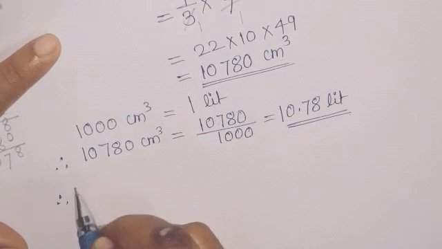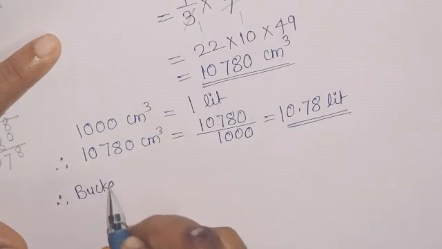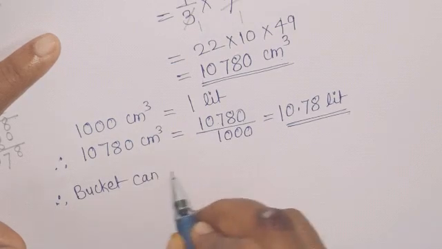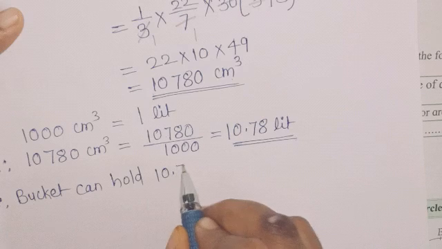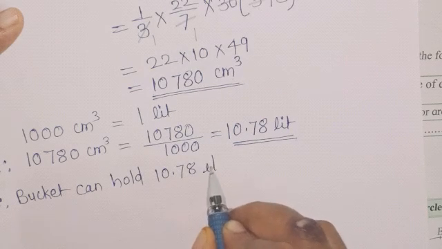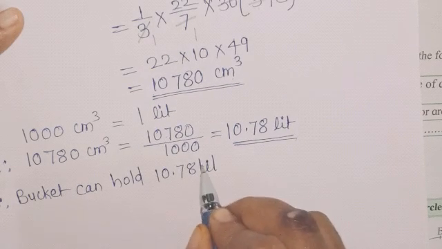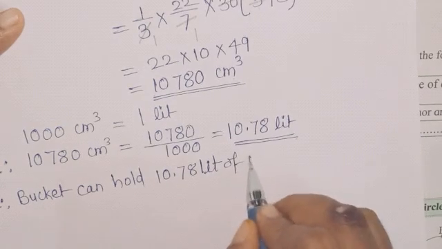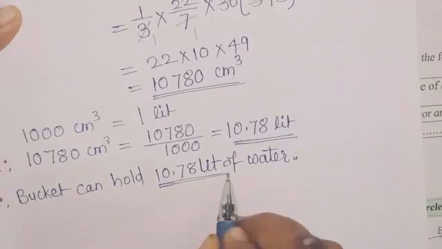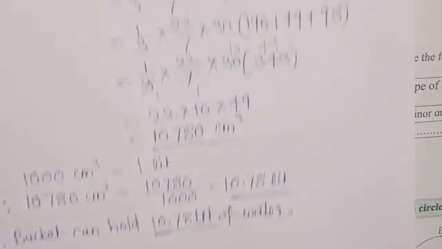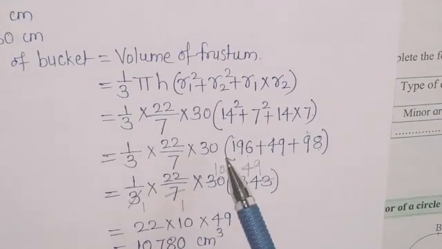Therefore, bucket can hold 10.78 liters of water. So this is the answer. Understood how to apply formula for frustum.